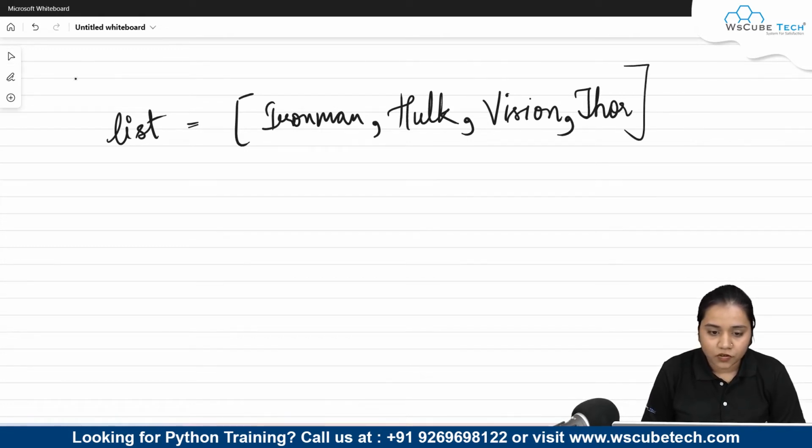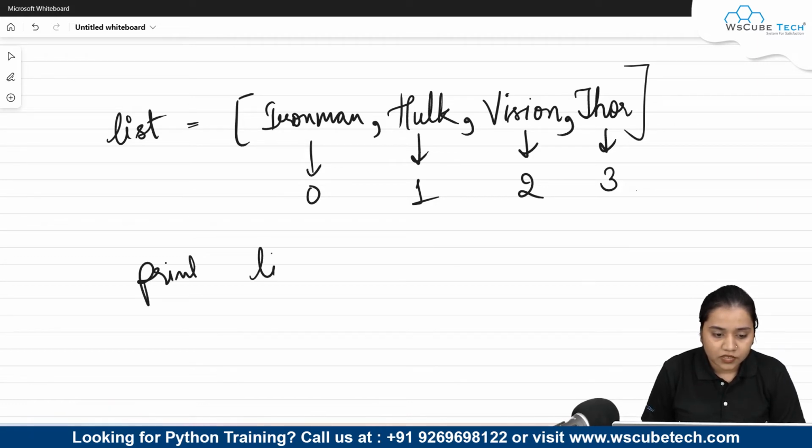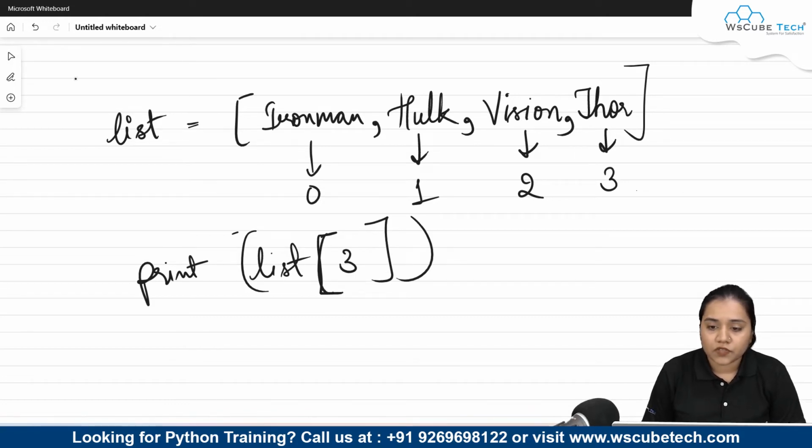If I talk about this list, Iron Man is on index number 0, Hulk is on index number 1, Vision is on index number 2, and Thor is on index number 3. If I want to print Thor, I can simply write print, the name of the list, and in this list I can go for the element at index number 3. That is Thor, right? But what if there are more elements?